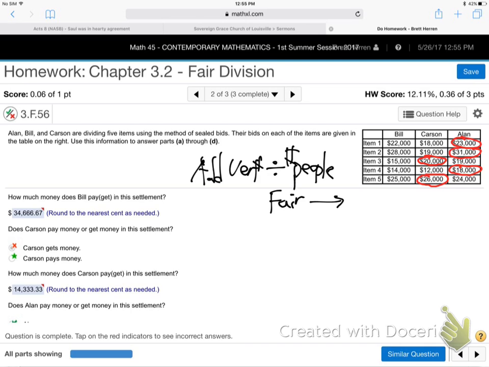Which is 3 in this case. So add them up, divide by 3. Add vertically, divide by 3. And we've got to do the nearest cent. That's just terrible.